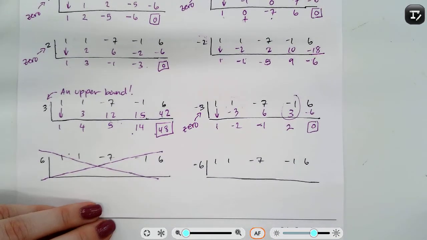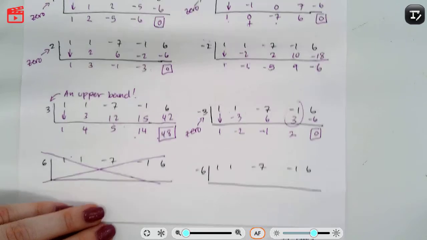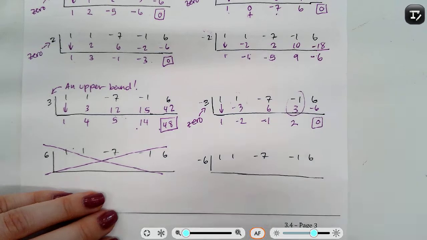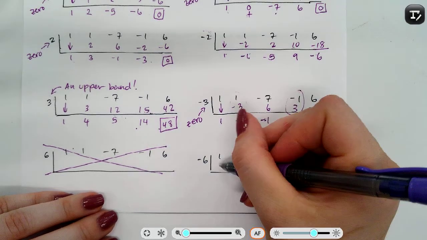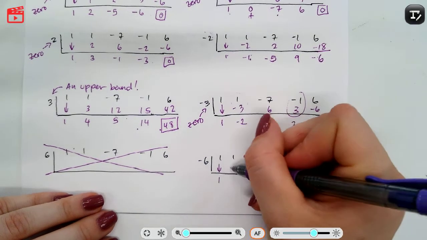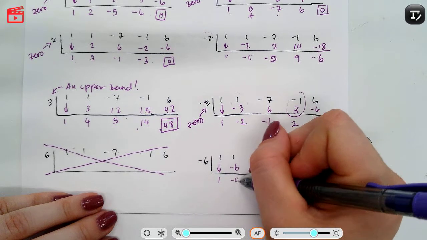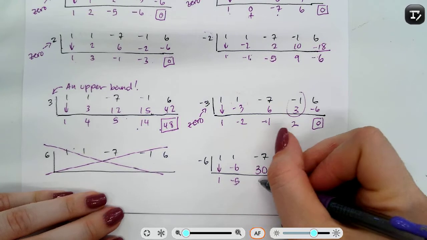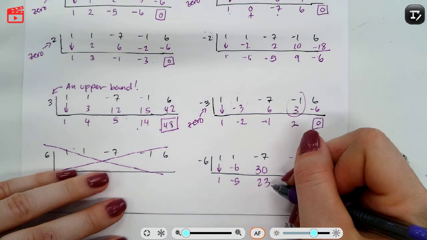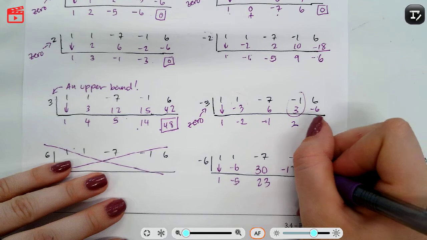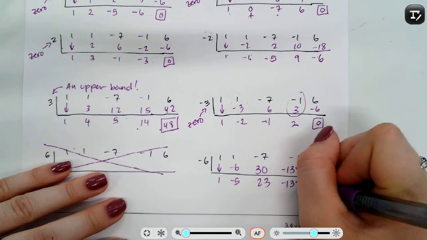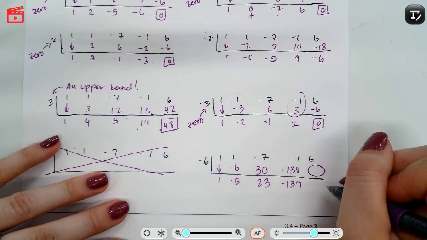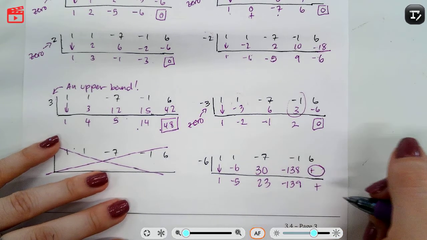Okay. Let's go ahead and check the last one because we haven't found our lower bound yet, and we need to find a lower bound. So -6 had better be our lower bound, or we've done something wrong. All right, 1, -6, adding that, sorry, -5, multiplying 30, adding 23, multiplying, it's going to be -138, that's going to be -139, multiplying, that's going to be some huge number, but I know it's going to end up being a positive huge number, which is a positive.